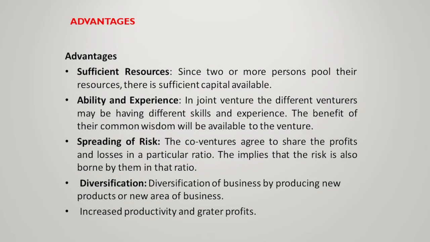So one is sufficient resources, another one is ability and experience, and spreading of risk. If I alone started the business, I am the victim of losses. One single person has to bear the losses. If I ask one more or two more people to join, the loss may be divided among three.